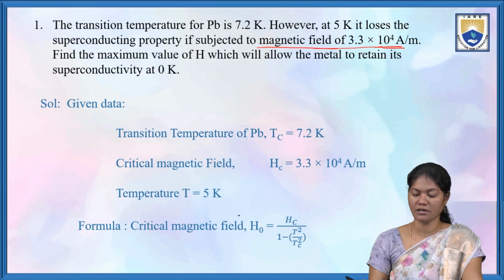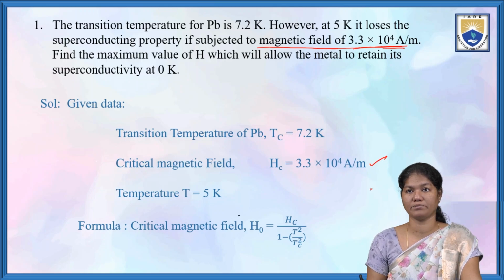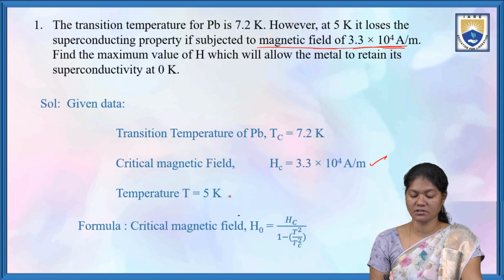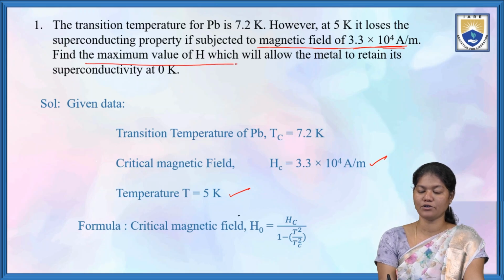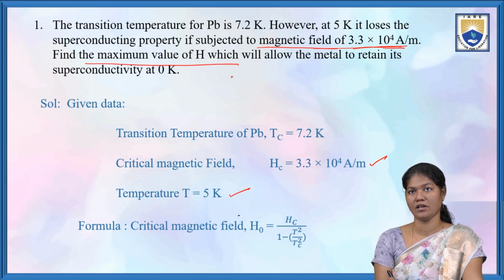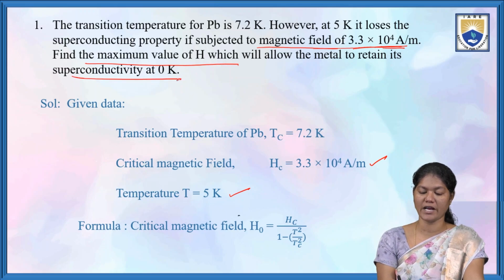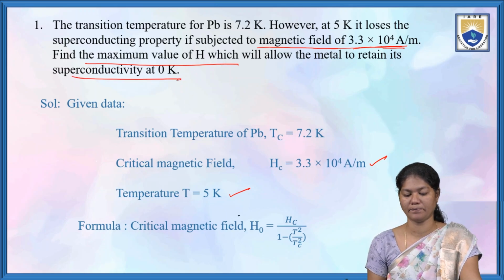So the critical magnetic field Hc is equal to 3.3 into 10 power 4 ampere per meter. The temperature T is equal to 5 degree Kelvin. We need to find the maximum value of magnetic field which will allow the metal to retain its superconductivity at 0 degree Kelvin. So this is what we have to find.